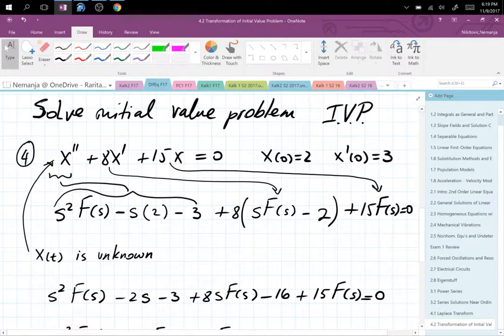So f of t is the solution for the equation as it's posed. F of s is its analog solution, but that one is in Laplace world, in the frequency world.